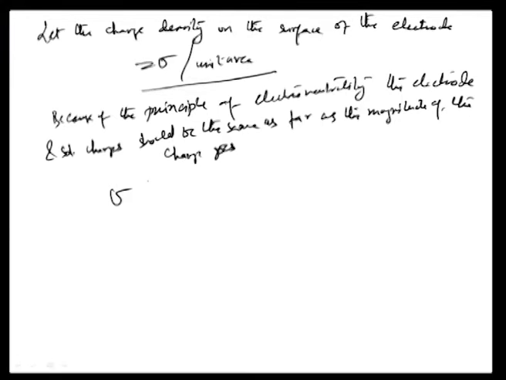So, sigma of the solution or the electrode can be represented as minus of the volume charge density of the solution times dx. Because the only variation available is in the x direction, we do not consider any other direction for comparing the sigma value. So, we assume that there is a homogeneity of distribution of charges as we move along each plane along a certain value of x equal to x1, x2, x3, x4, so on up to infinity.